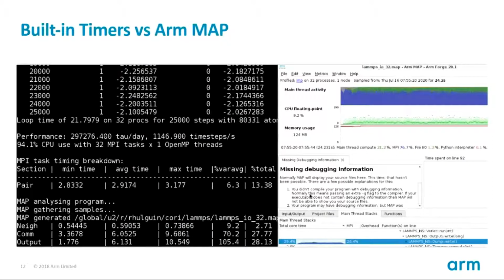So it's not going to be 100% accurate, but it's enough to give you an idea of where the time is being spent. So that's why the numbers are just slightly off, but it gives you roughly the percentage of time being spent in this output routine. This is the advantage of using MAP: you don't have to manually put these timings in your code, and MAP will actually show you this just from a statistics perspective.